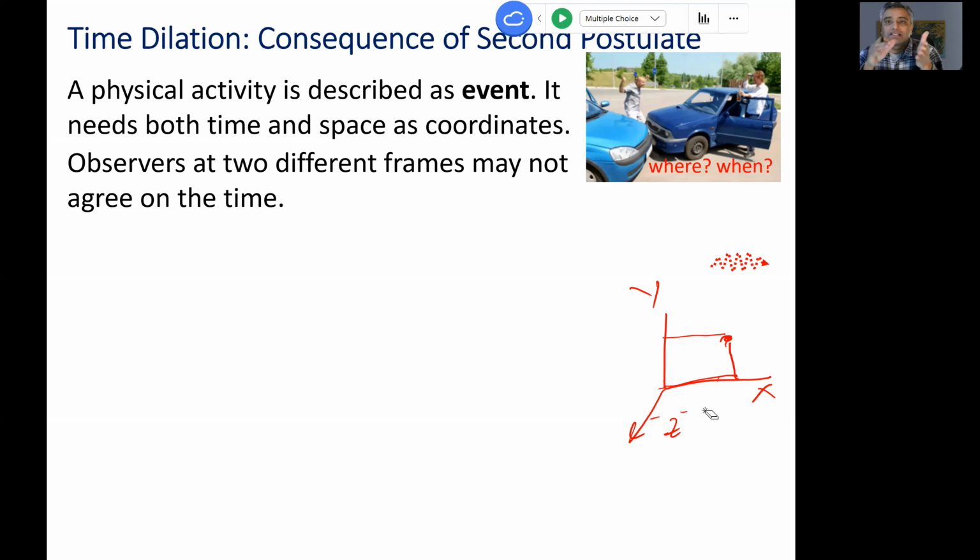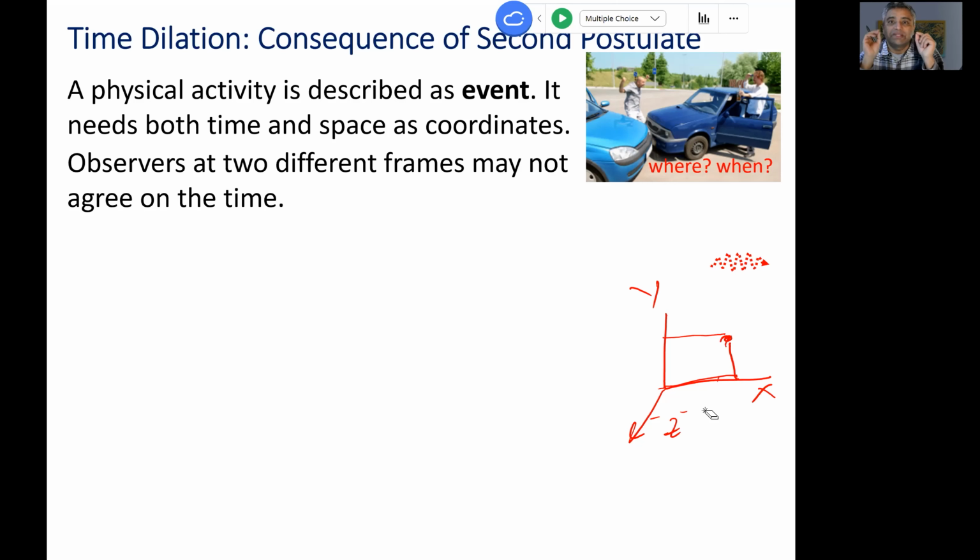And if another person wants to go see the accident, that person may or may not see the accident scene. Why? Because the accident already happened and the scene may be cleared already, okay?